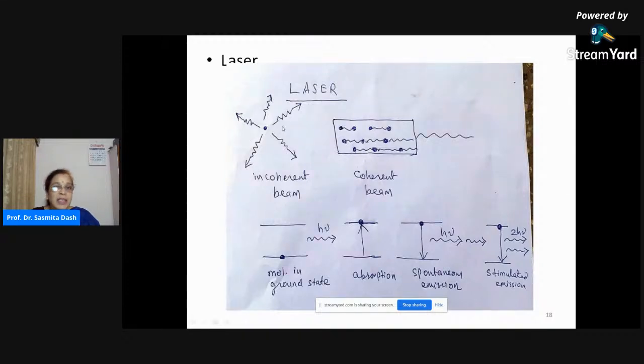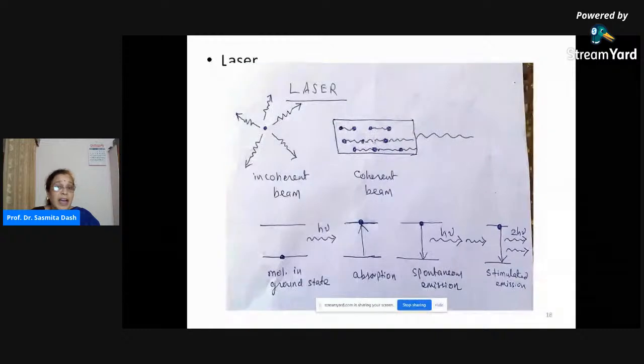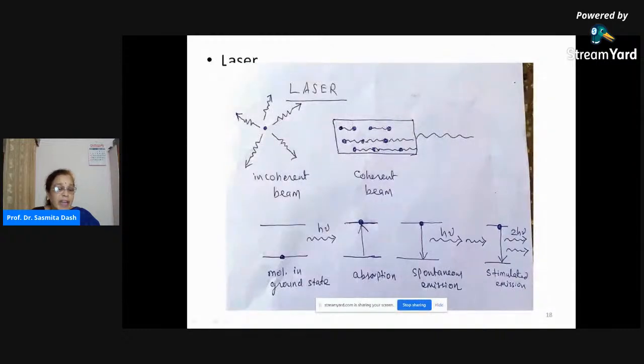But if a beam of light radiation is generated with all the photons vibrating in the same phase, then the energy of radiation is localized in a small angle.